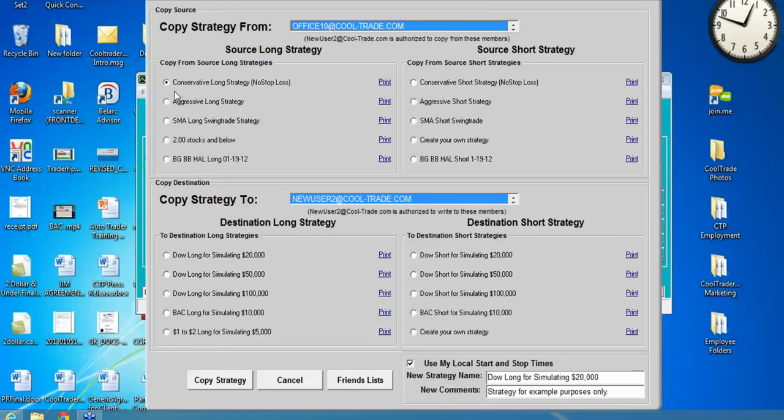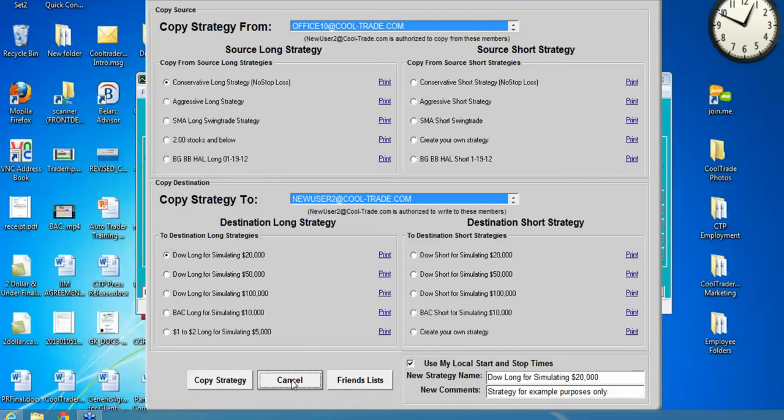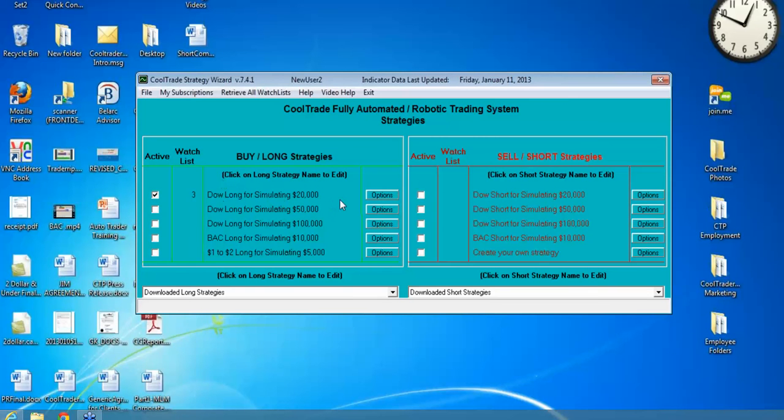But if you want to copy a strategy, say you like that one, you would simply place a check mark here next to the one that you want to replace and click Copy Strategy. Once you do that, it would bring it in right here, and that would be the new conservative long strategy. I'm not going to copy over this one right now.